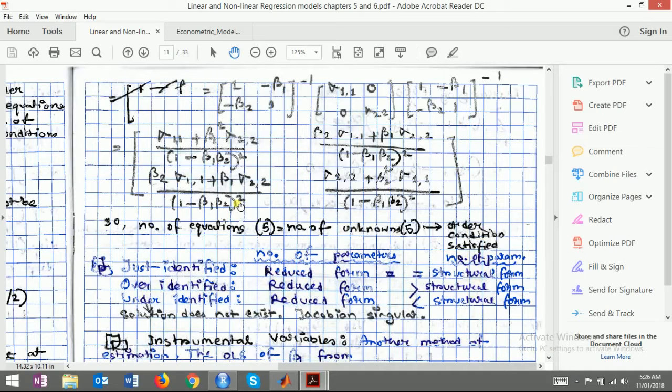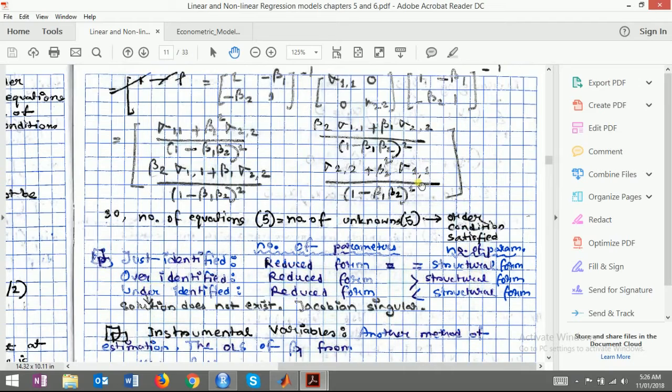How many equations do we have here? 1, 2, 3, 1, 2, 3, 4, 5, which is equal to the number of unknowns here: 1, 2, 3, 4, 5, and the fifth one is alpha, isn't it? Yeah, so the order conditions are satisfied.